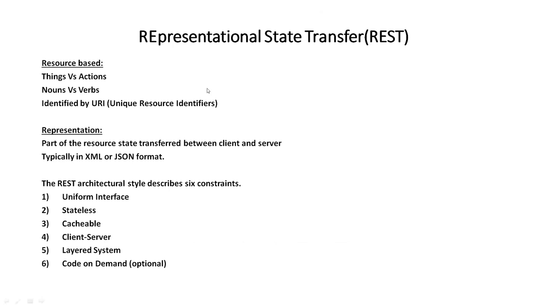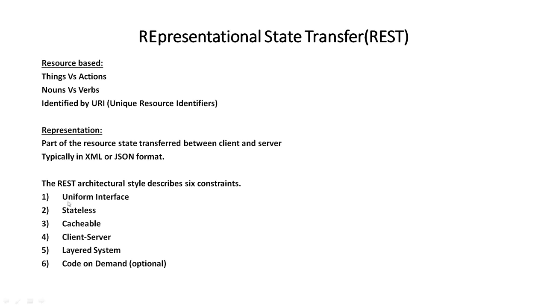The basic tenets are, one, it is resource based. Two, we manipulate these resources through representation. These are the two basic tenets of RESTful API, and there are six more constraints by which a service can be qualified as a RESTful API.